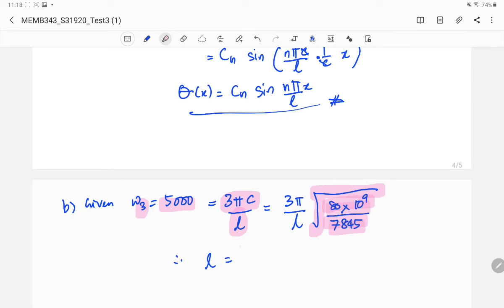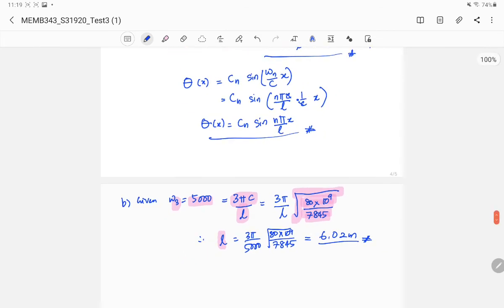So you just solve for your L. Basically, L is equal to 3 pi c over 5,000, and you compute your c, the square root of G over rho. If you calculate that, you should get 6.02 meter. So this is the final answer for B.